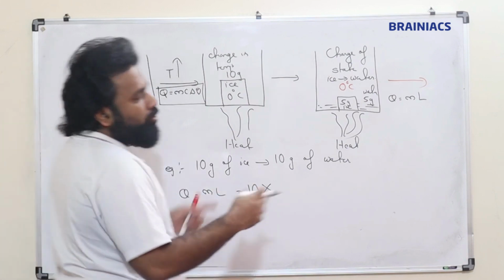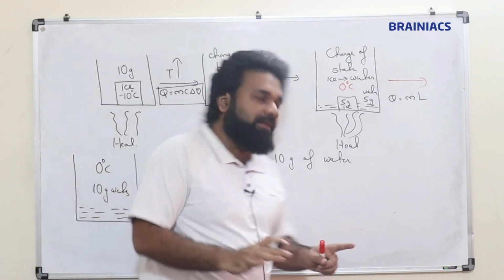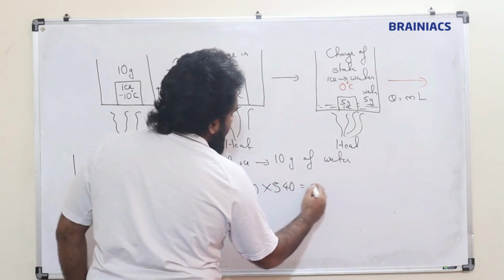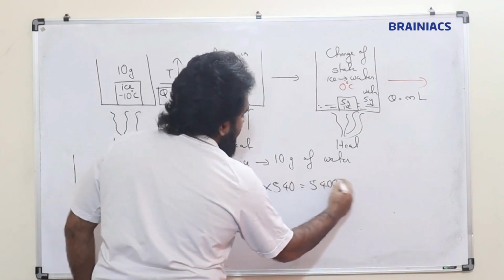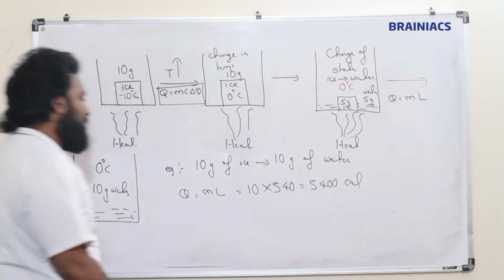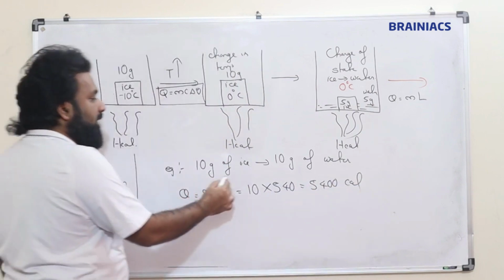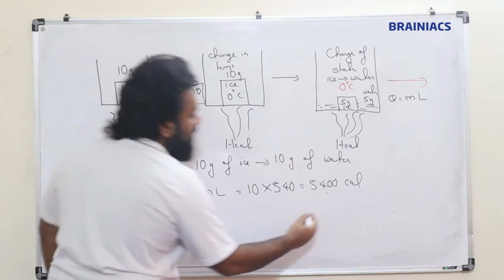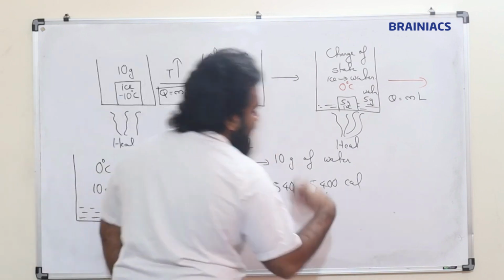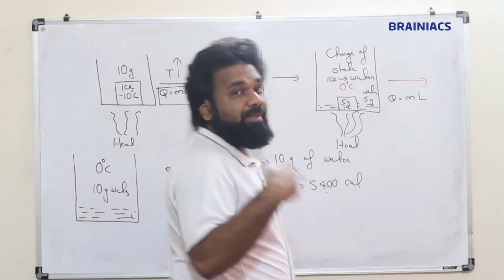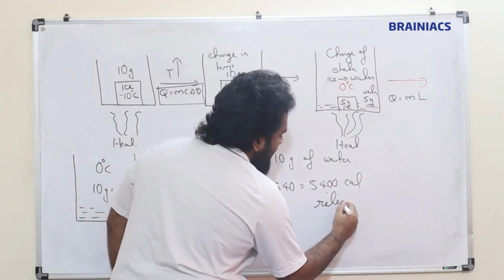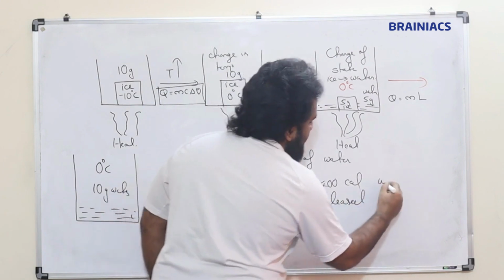Latent heat of fusion or latent heat of melting is what? 10 into 540. So I could say 5400 calories. So to convert ice into water, 5400 calories will be what? Delivered or rejected, it will be released. 5400 calories will be released.